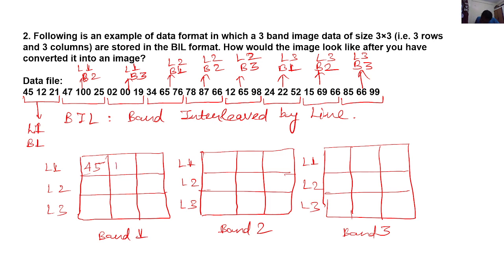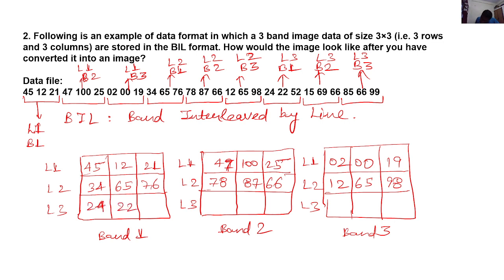It's very straightforward. 45, 12, 21, 47, 100, 25, 2, 0, 19, 34, 65, 76, 78, 87, 66, 12, 65, 98, 24, 22, 52, 15, 69, 66, 85, 66, 99.